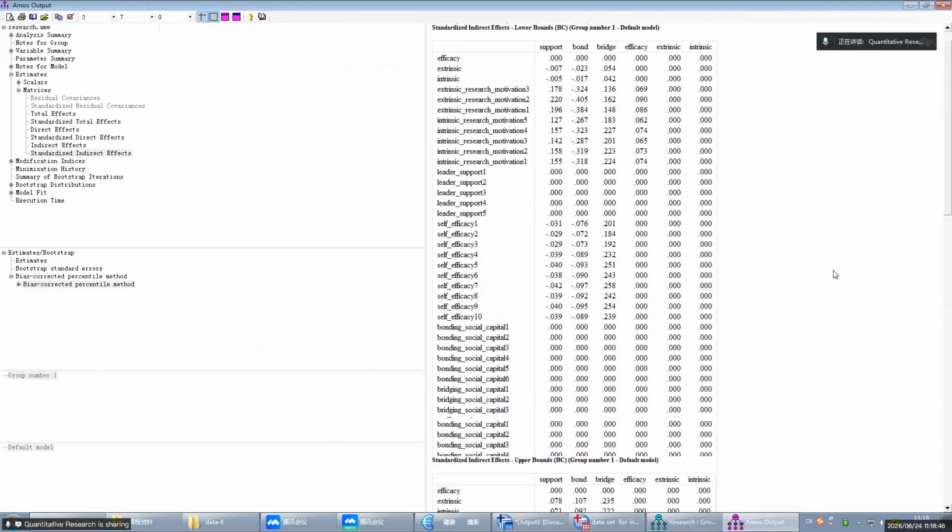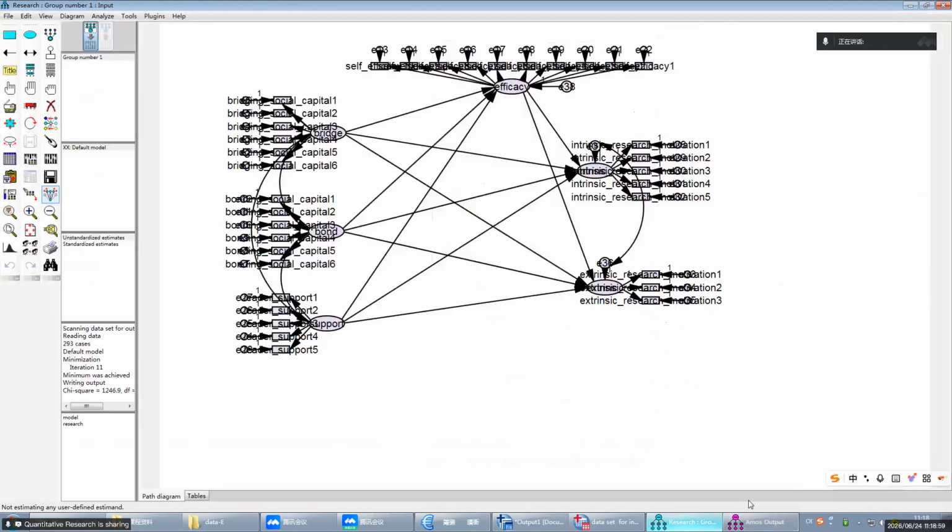Because you can see bridge to intrinsic motivation, 0.042 to 0.222, so this mediation path is significant. Okay, now you can tell me. Altogether, we have 6 mediation paths. How many of them are significant? 2, right?